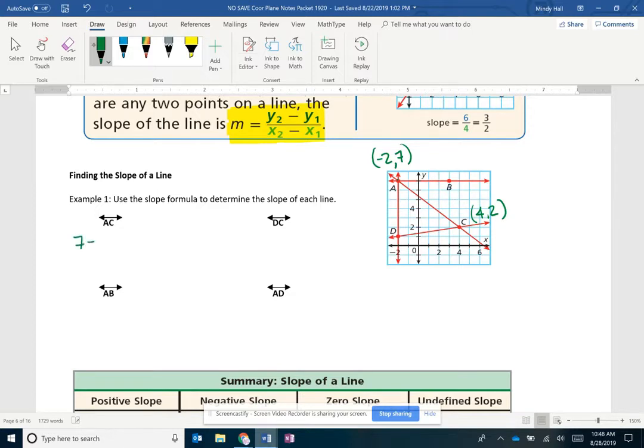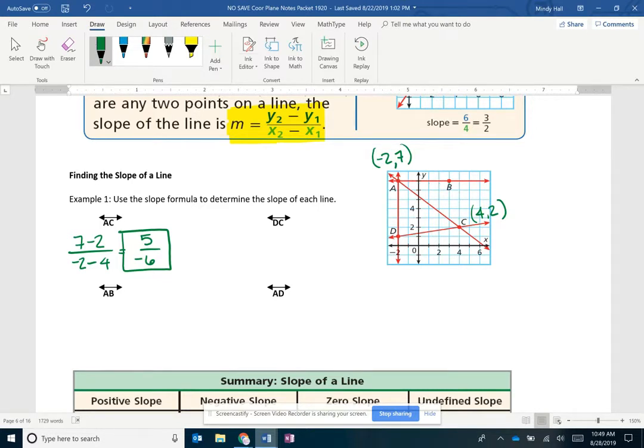So 7 minus 2 over negative 2, since I started with 7, minus 4. Then 7 minus 2 is 5, and negative 2 minus 4 is negative 6. And if you notice, with this one, if I rise 5, 1, 2, 3, 4, 5, and run 6 to the left, 1, 2, 3, 4, 5, 6, that will put you right at A.